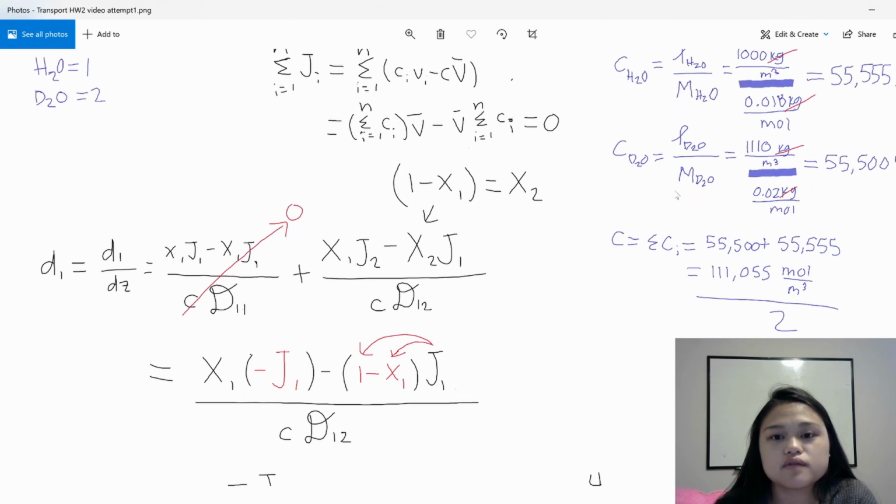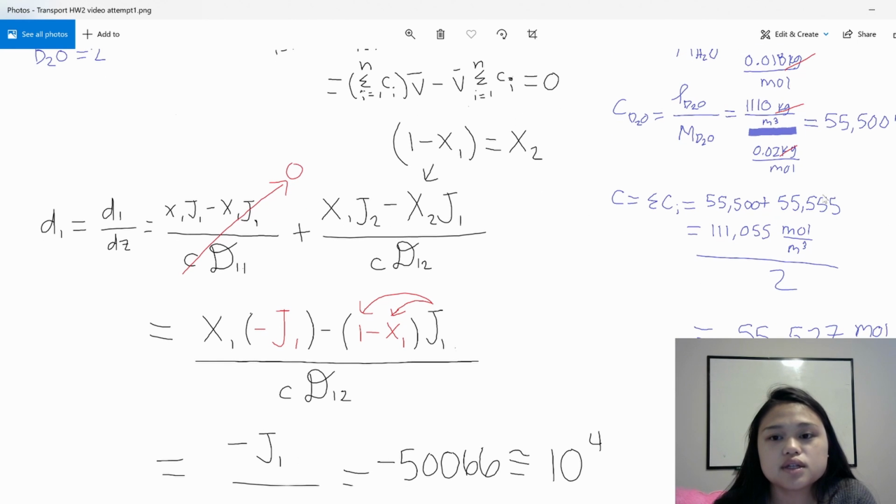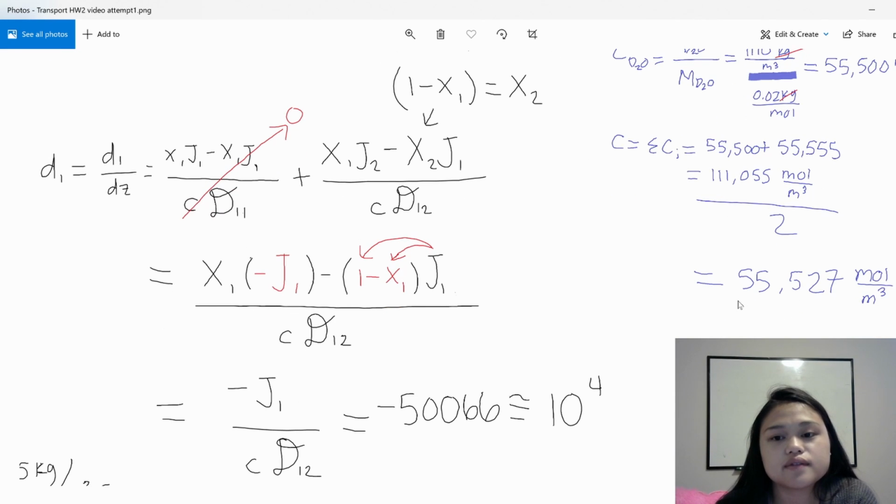And then I did the same thing for D2O, and then I summed those together and got this value, but then I divided by 2 to account for both the species in both sides of that capillary. And then I ended up getting 55,527 moles per meters cubed.